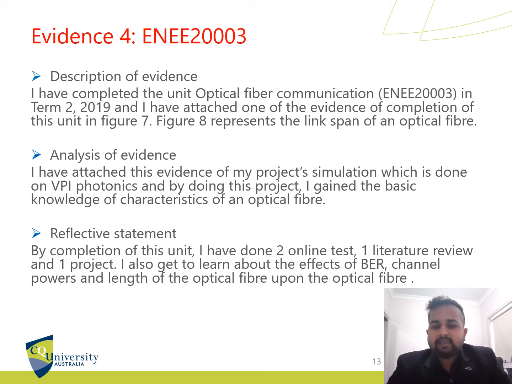I have attached the evidence of my project simulation, which is done on VPI Photonics, and by doing this project I gained basic knowledge of the characteristics of an optical fiber. The reflective statement of this task is that by completion of this unit, I have done 2 online tests, one literature review and one project. I also got to learn about the effects of BER, channel powers and the length of fiber upon the optical fiber.